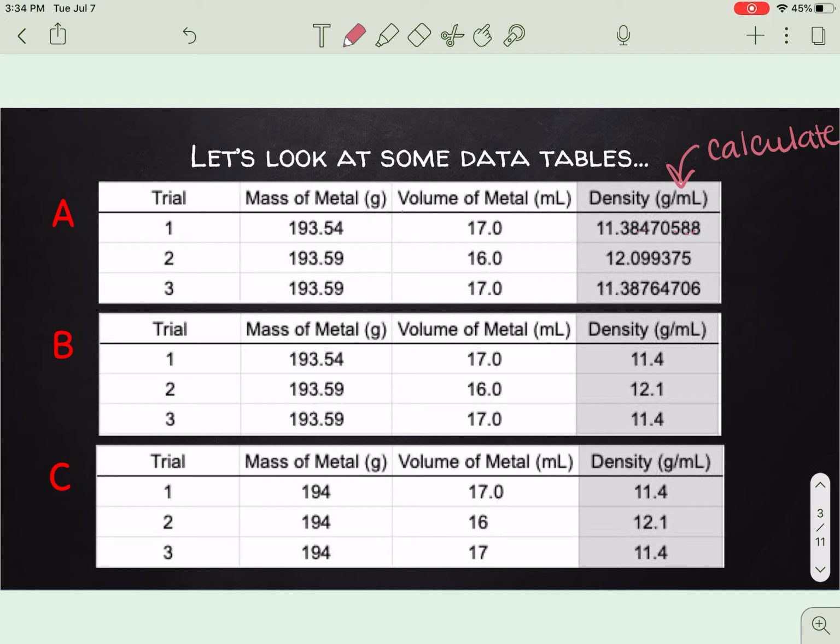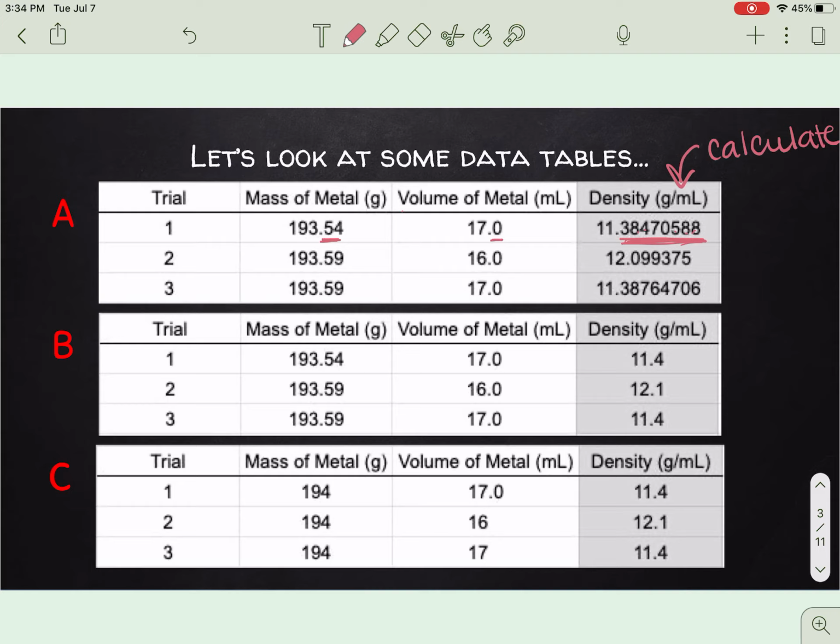A lot of you might think that example A is the best way to present your data because, look at all those decimal places, it must be so exact. However, that's actually not true. We wouldn't want to use example A because our measurements only go out to 2 decimal places and 1 decimal place.